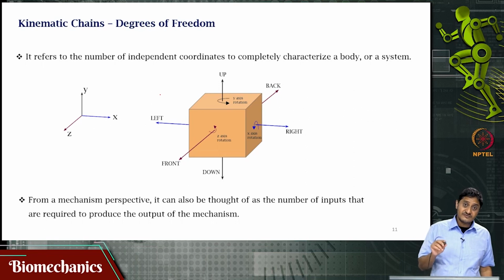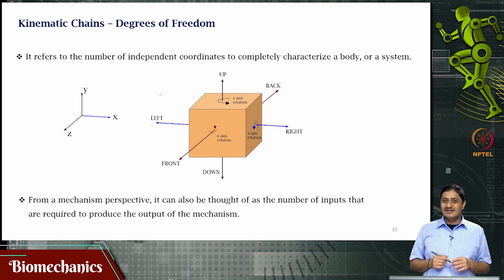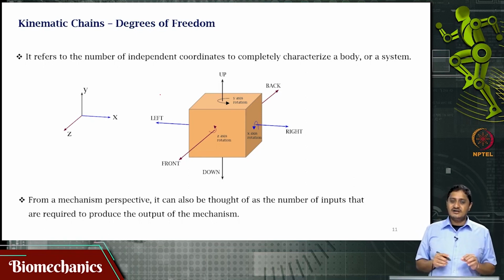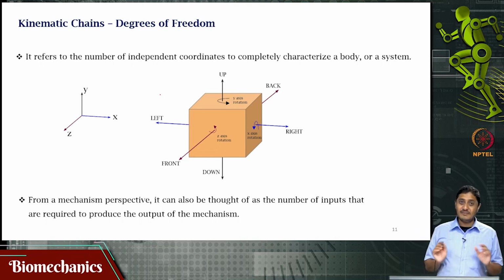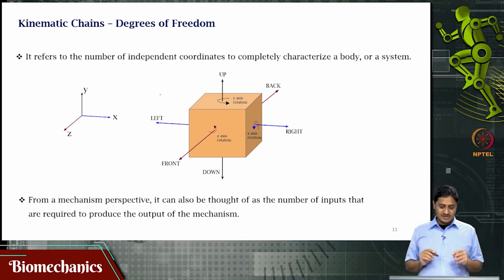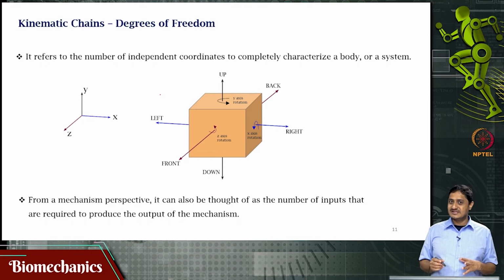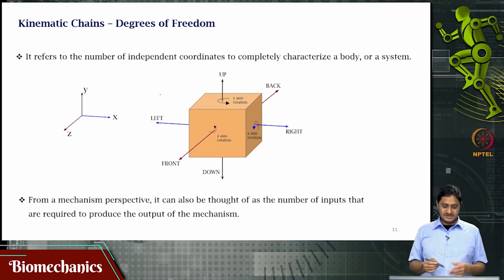Depending on the values of the input, the output will vary, of course, but some particular specific inputs are needed for you to produce any output at all. If you have one link of an n link kinematic chain grounded or attached, that is called a mechanism, a kinematic mechanism. So, when we discuss mechanisms, this is what we are looking at.